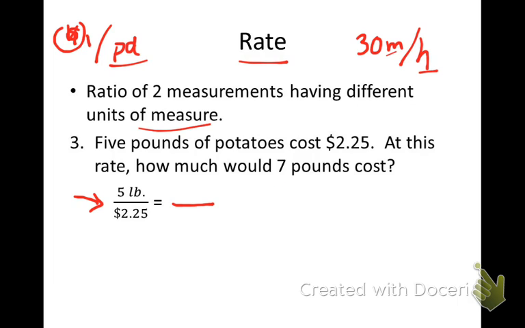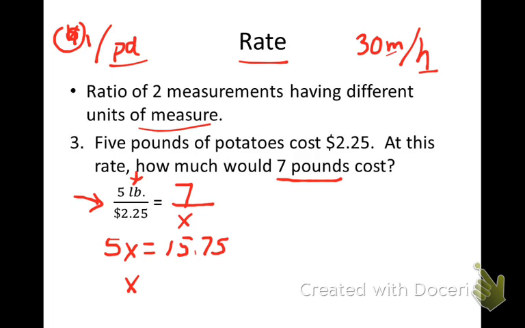When you say how much would 7 pounds cost, well, if you have pounds on top here like we do, you need to put the pounds on top here. X would go here. Now it's just solving like we did before, and when you solve these, you don't use your labels in the middle. So 5 times x would be 5x. If we take 7 times 2.25, we are going to get 15.75.